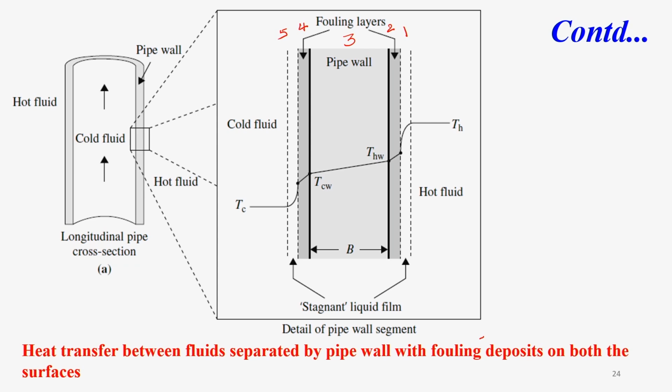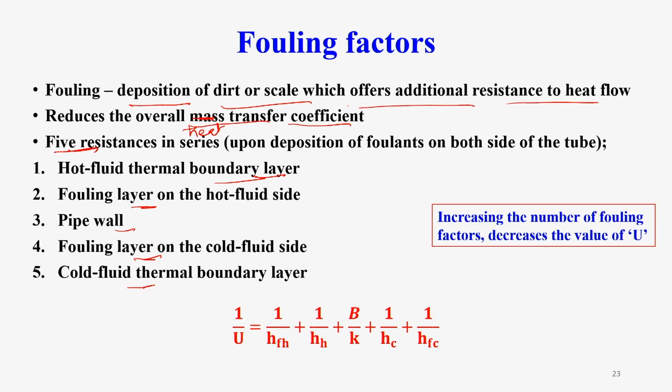So now there will be five resistances here. These three we have already discussed. The fourth one is 1 upon the fouling layer of the hot fluid side, and this is the fouling layer at the cold fluid side. So now there will be five resistances, and so it decreases the overall value of the heat transfer coefficient.